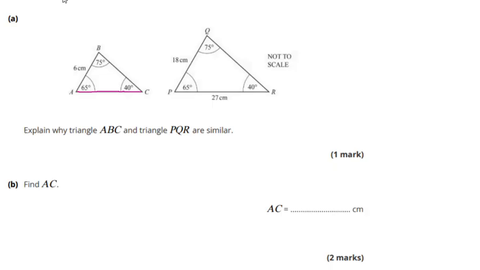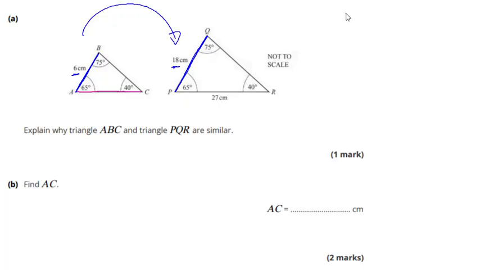We need to find the 2 sides that are the same side that have lengths written on them. So there's AB, which has the 65 and the 75 angle, and PQ is the equivalent side with the 65 and the 75 angle. So 6 centimeters there, 18 centimeters there.